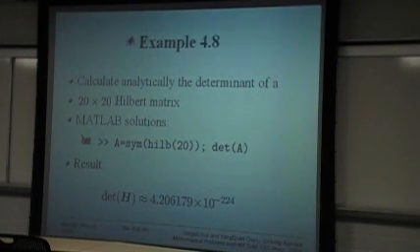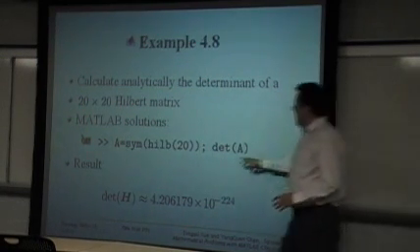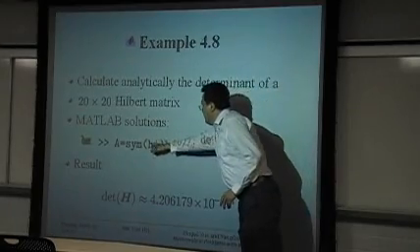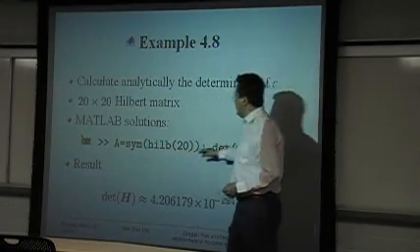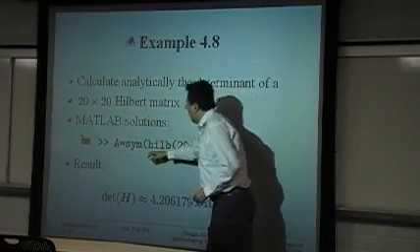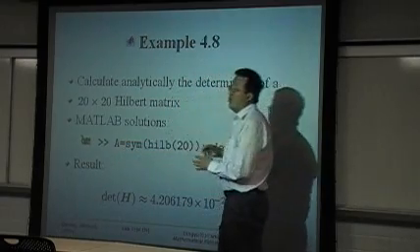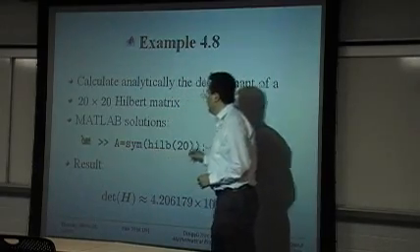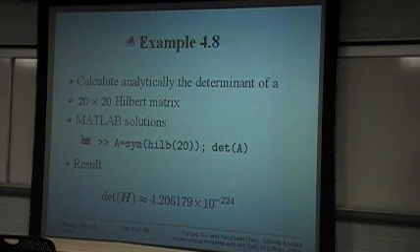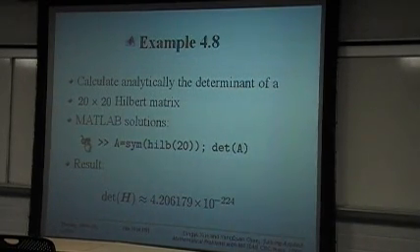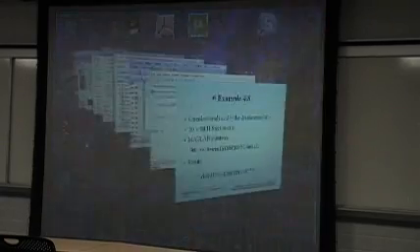And we can use the hilb function to generate a Hilbert matrix. For instance, in this statement, we can generate a 20 by 20 Hilbert matrix. Then we can call the function sym to convert it into a symbolic matrix. And then we can compare the difference between a symbolic matrix and a double precision matrix.